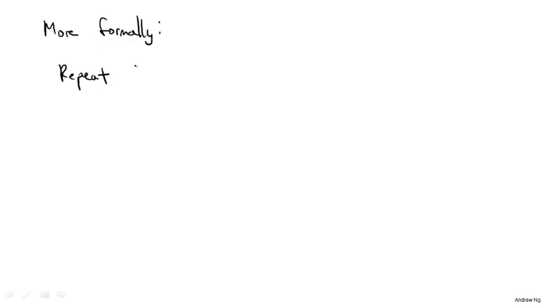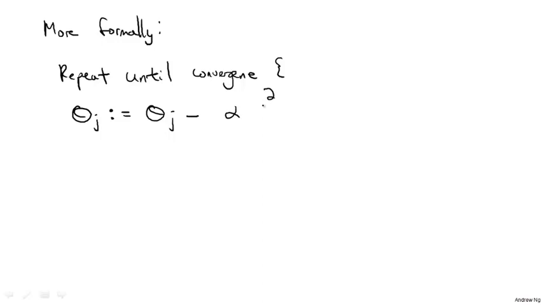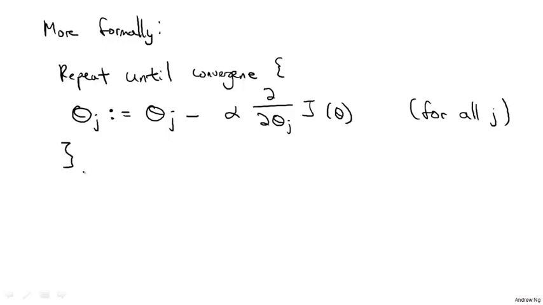In the gradient descent algorithm, we're going to repeat until convergence, and we're going to update our parameters theta j as theta j minus alpha times the derivative of J with respect to theta j. I'll say more about a couple of these terms later.